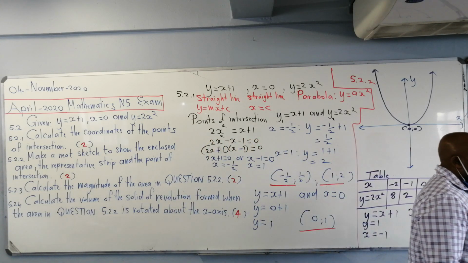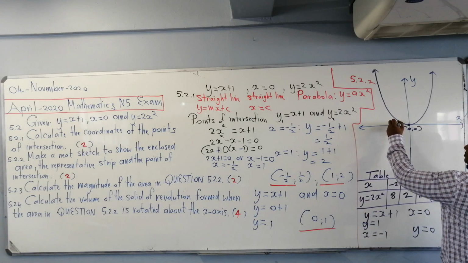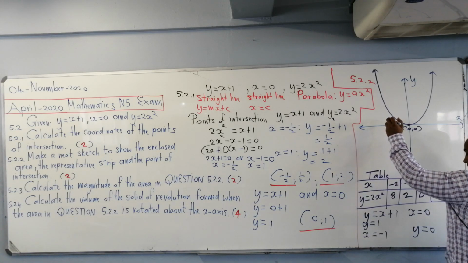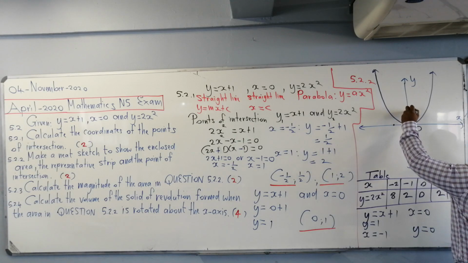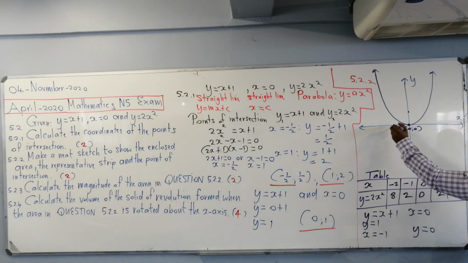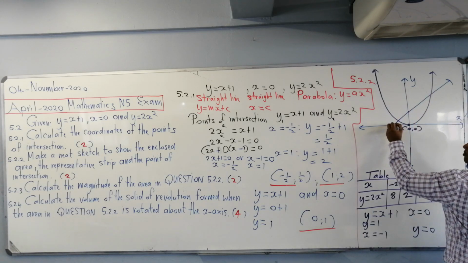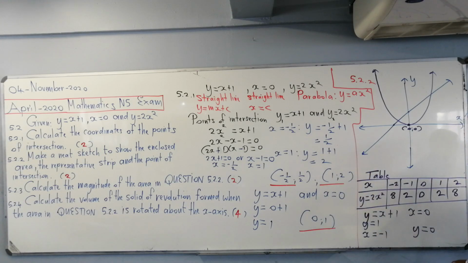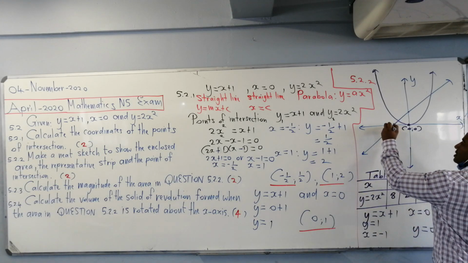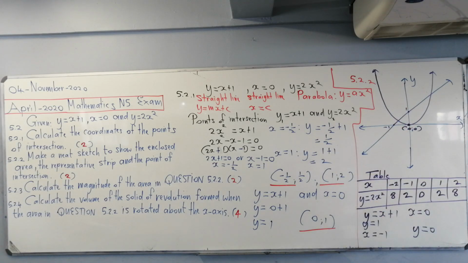So those are the x and y intercepts of this straight line. So this was negative 1 and this is a positive 1.